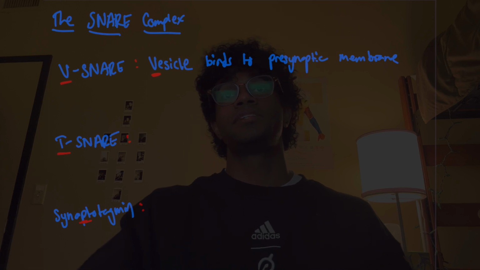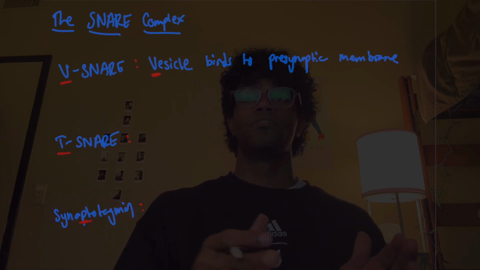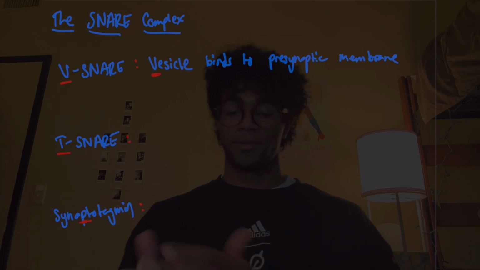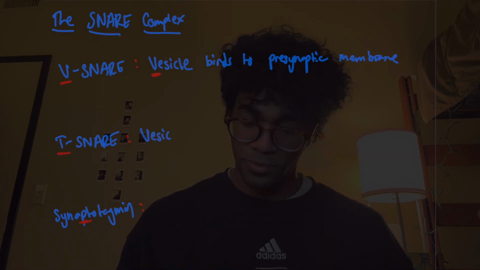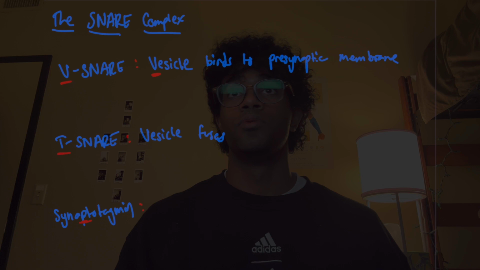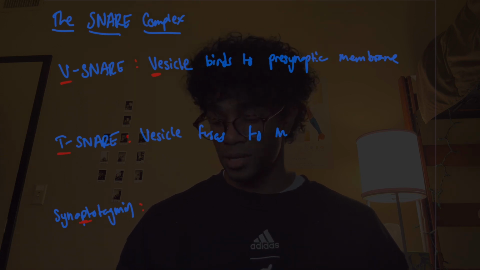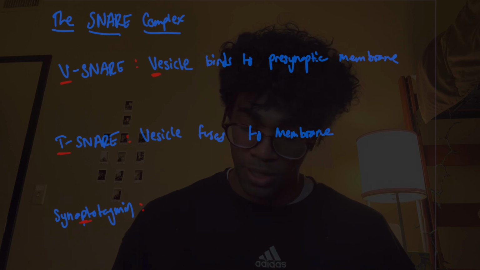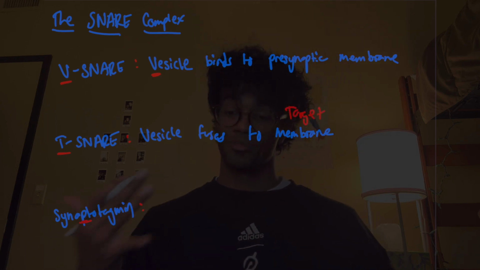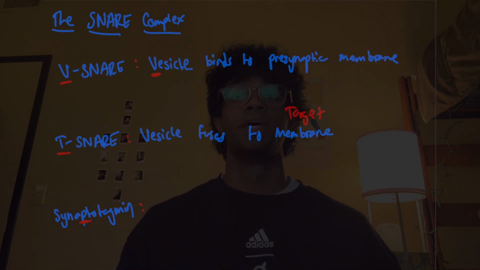T-SNARE. Our T-SNARE is when our vesicle fuses to the membrane. Vesicle fuses to membrane. Specifically, our target membrane. So not like our presynaptic membrane, this time it's going to be your target membrane. So the T here is important.